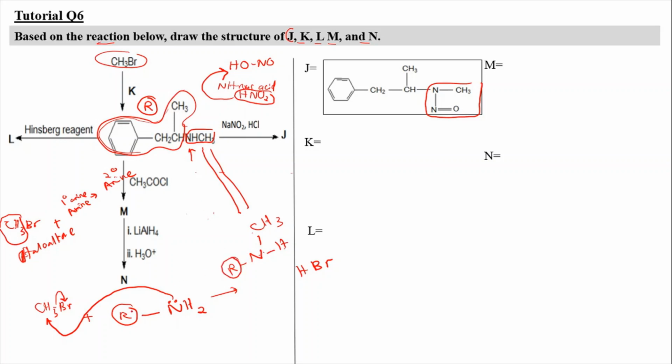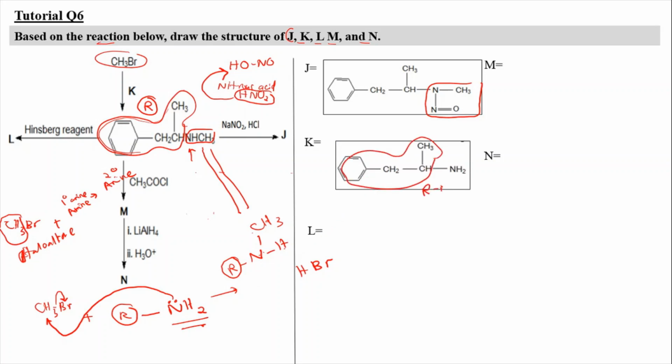Okay, so you know that my initial of K here gonna be a big R group here but attached with NH2. Okay, so my structure here gonna be R and H2. Okay, for the answer, write everything. Okay, then this one is just to make explanation easier. Okay, so that's for the structure of K.